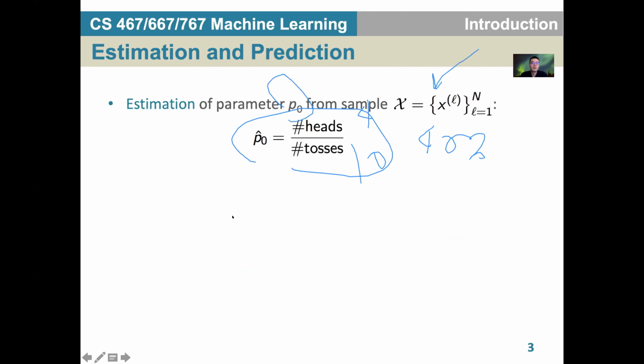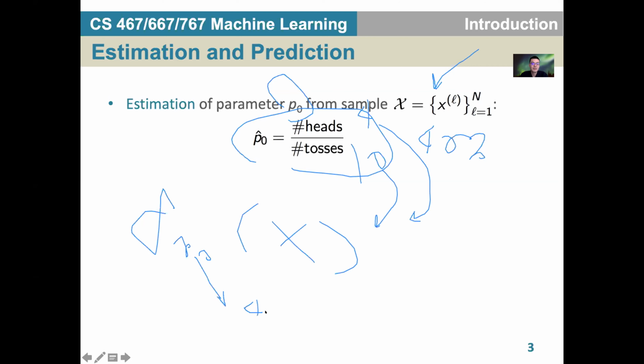If you have a model F with a parameter theta, here theta is P0, and you see the data X, where you flip 10 times and 4 of them are heads, then you estimate this parameter to be 40%. This is what we are doing here.